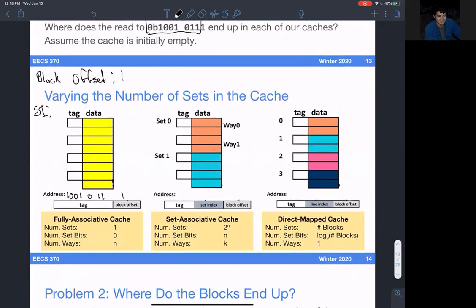All right, so next question. What would our block offset be for the second one, along with its set index? Yep, our block offset is still 1. And what would our set index be in this case?